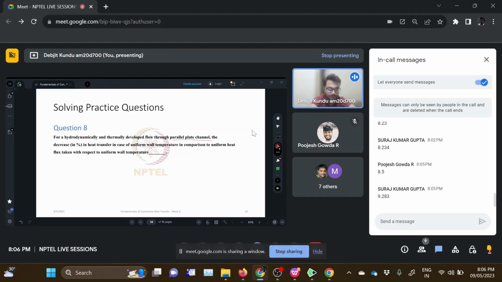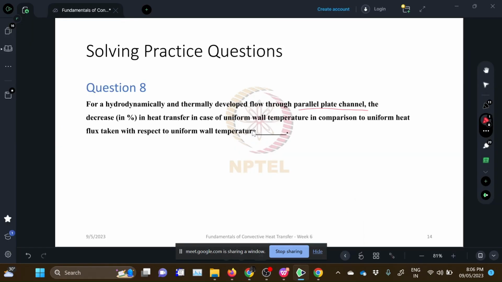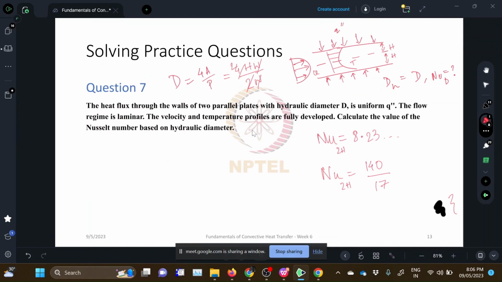Okay, so let's see if someone can help me with the numbers. First of all, in comparison to uniform heat flux, so this is now our base case, Nusselt number 1. And the uniform wall temperature case is the modified one. So Nusselt number 1, uniform heat flux, as we saw in the previous answer, is equal to 140 by 17 or 8.23.